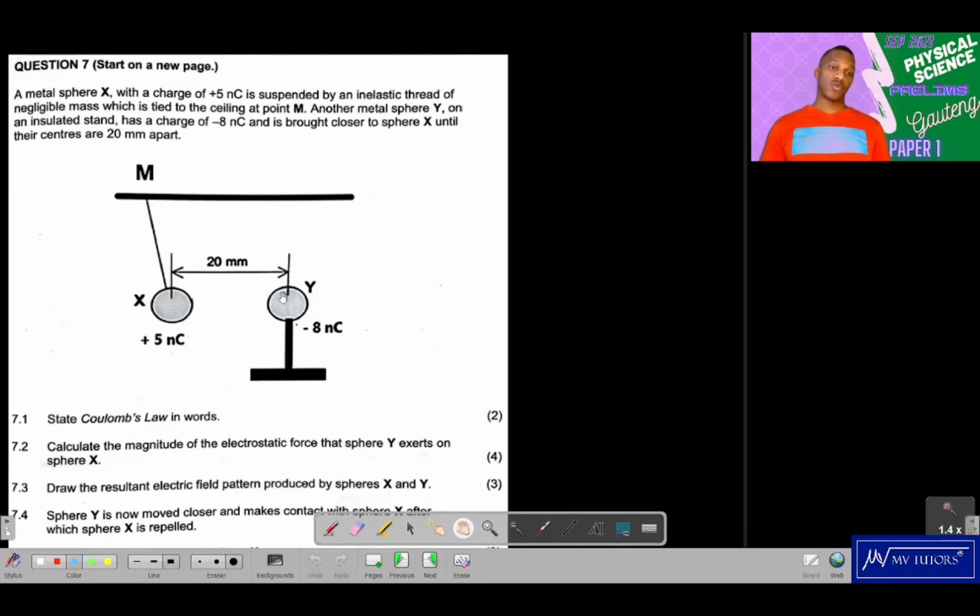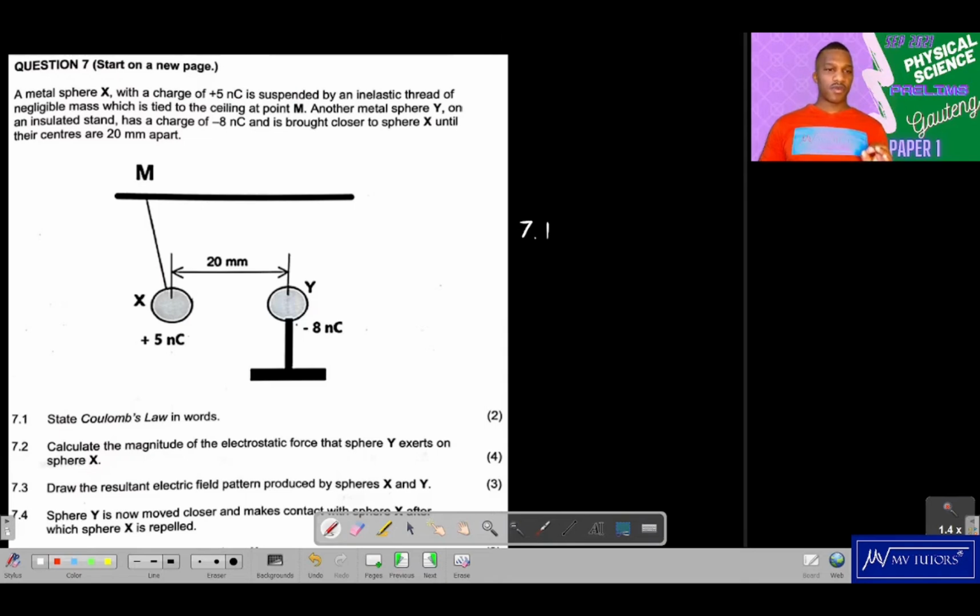Then state Coulomb's law in words. I wouldn't want to assume you know it, but you should be knowing it by now. Let's just get it out there.